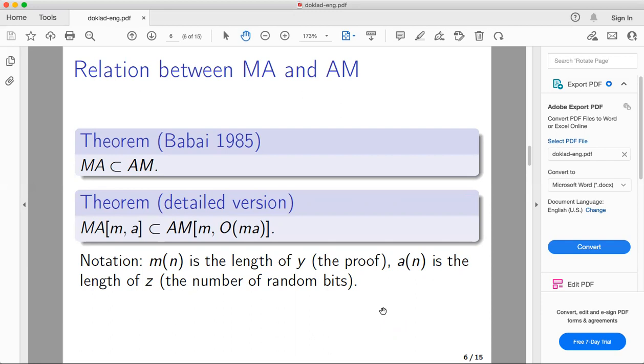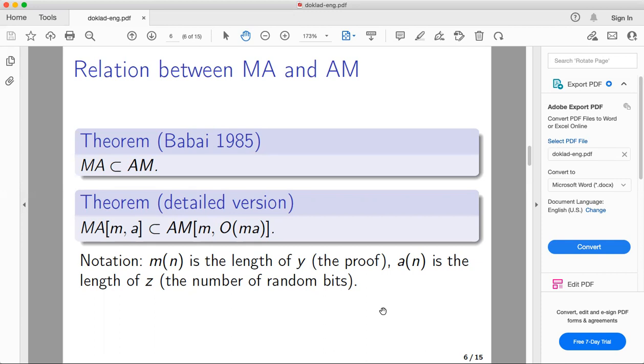Let's restrict in the definition of our protocols the amount of randomness used by the proof checker by some function a of the length of the input, and also the length of the proof by some function m of the input. Let's denote the resulting class by MA with little m, little a.